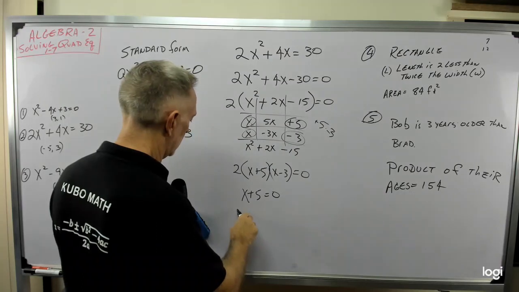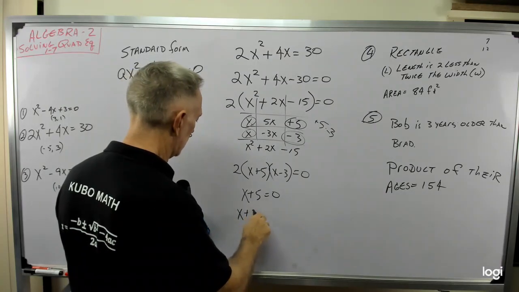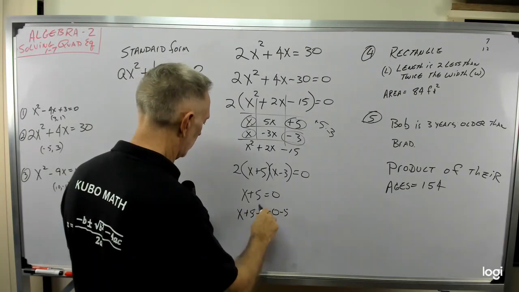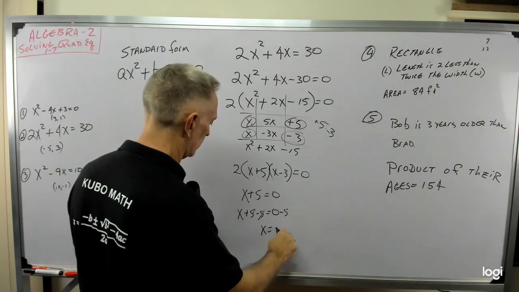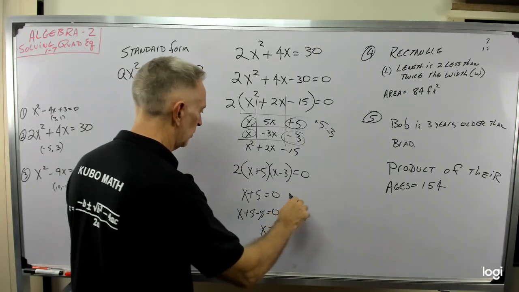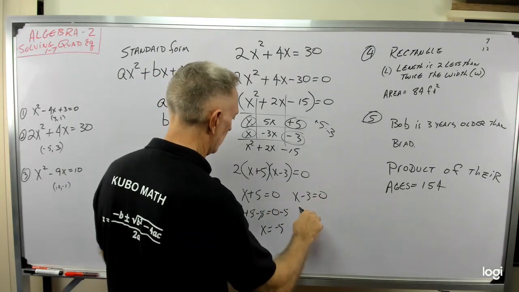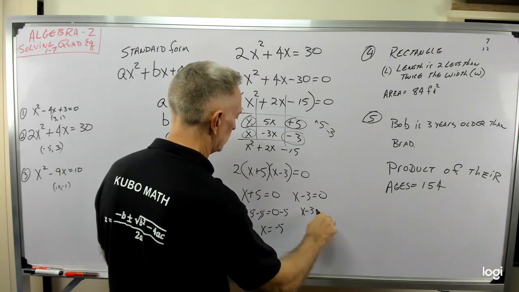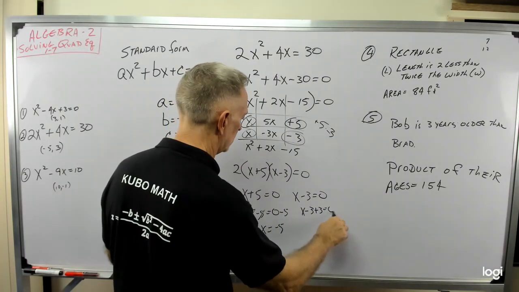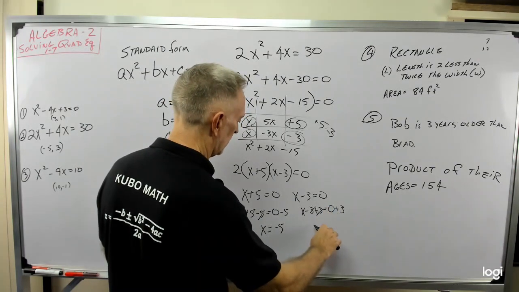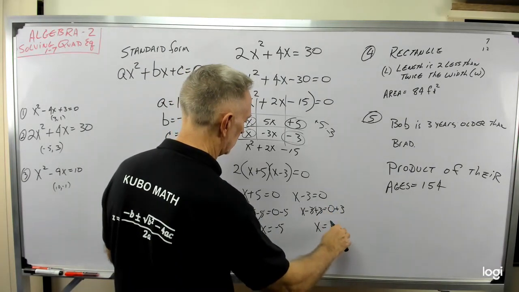So I subtract 5 from both sides. So these cancel, x equals negative 5. So x minus 3 equals 0. So x minus 3 plus 3 equals 0 plus 3. So the negative cancels the positive, x equals a positive 3.